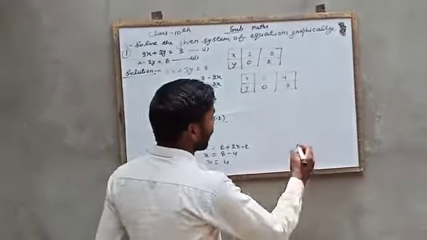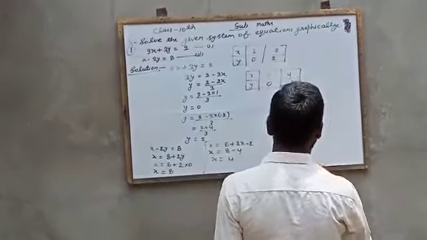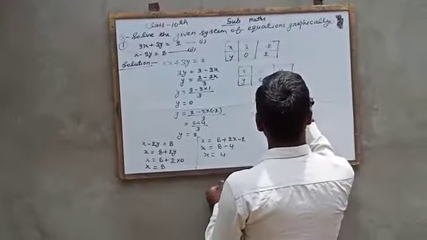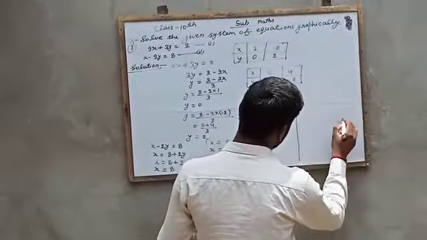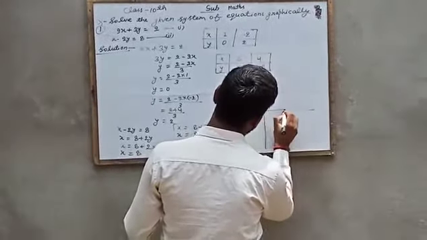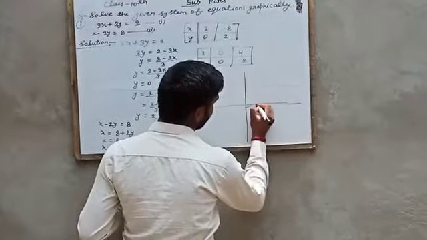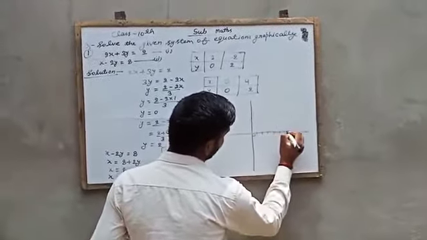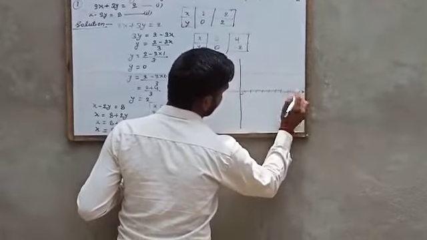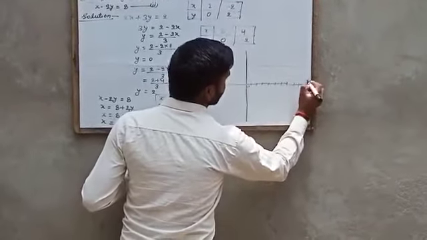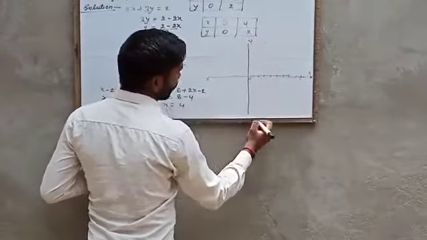Now we are going to make a graph here. Here it is 0, 1, 2, 3, 4, 5, 6, 7, 8, 9. This is the x coordinate, x dash, here y and y dash.